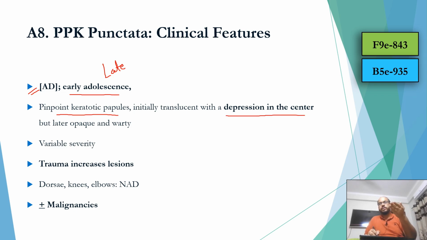You will appreciate that as we go forward with the punctate PPKs, most of them have a depression in the center. The severity can be variable and trauma increases lesions. That is why you have more on the pressure points. Dorsae of the hands and feet, knees and elbows are normal. Malignancies may be associated with the punctata type. Let's move forward.